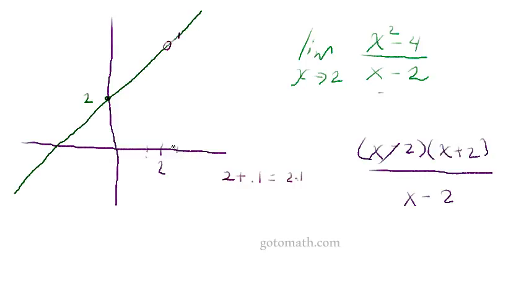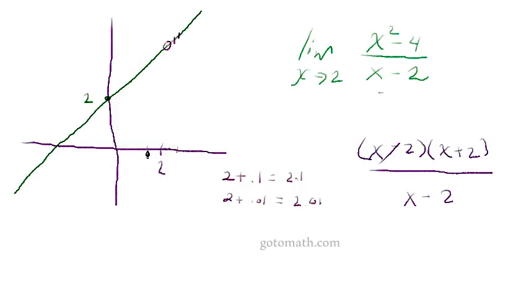Now you notice that as you get closer and closer to 2, for example, 2.01, that's going to be a little bit closer, you see? And we keep doing that, and we start converging upon this point.